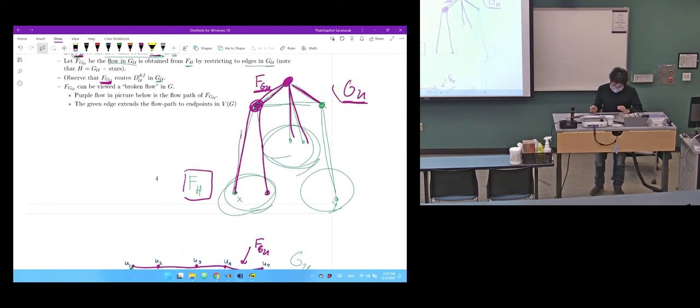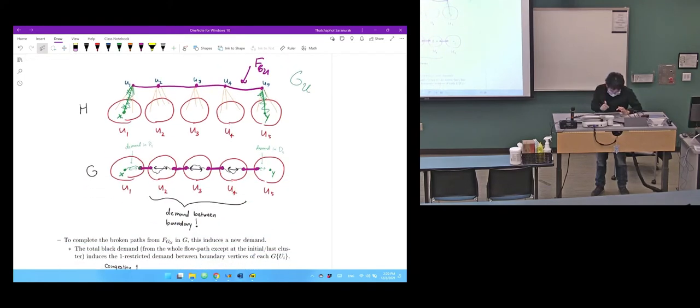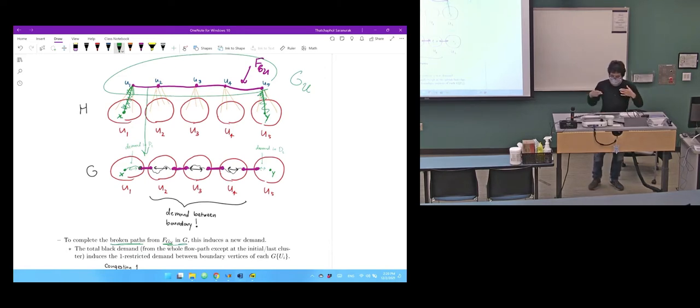So basically, in order to connect the broken parts, you have FGU in H, but once you put it into G, you get a lot of broken paths in G. Now, to reconnect these paths, this will induce a new demand.